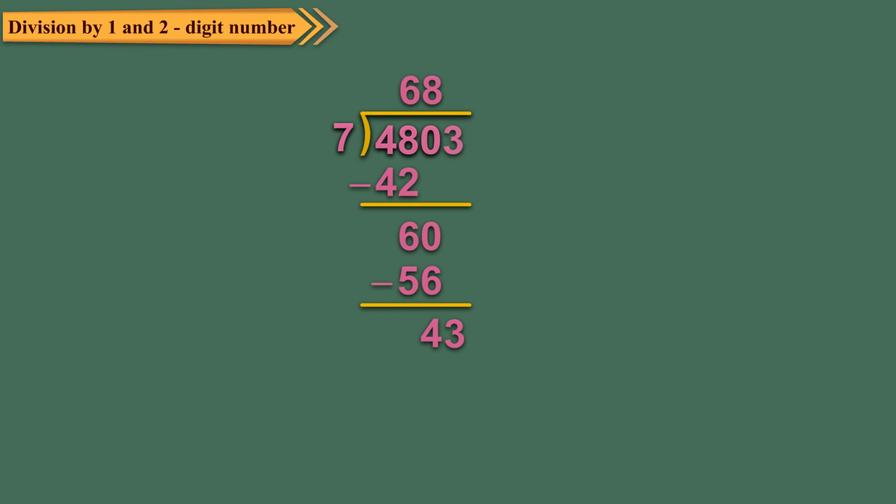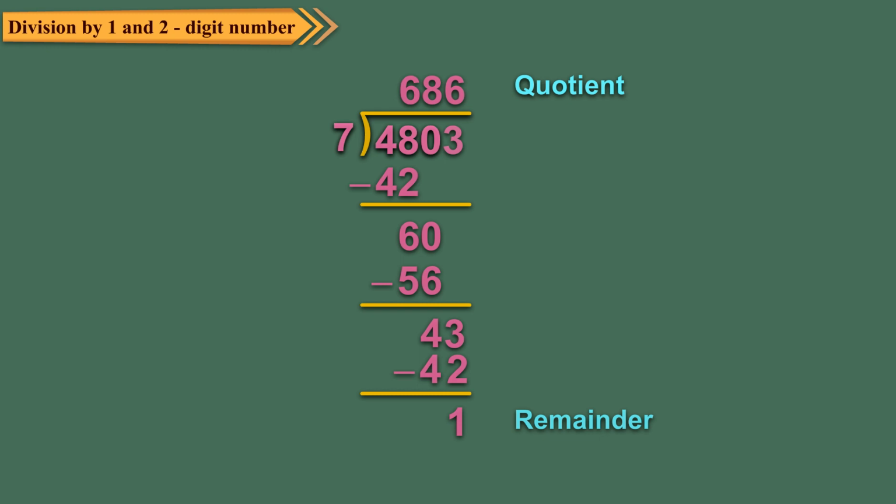Also, 7 multiplied by 6 is equal to 42. So write 6 in the ones place of the quotient and 42 below 43. Subtract 42 from 43 to get 1 as the remainder. So we get 686 as the quotient and 1 as the remainder.